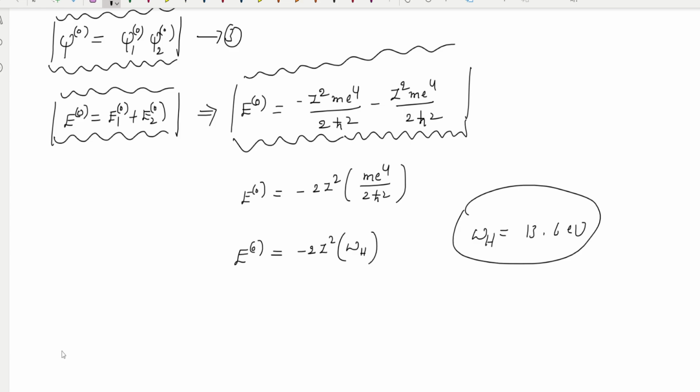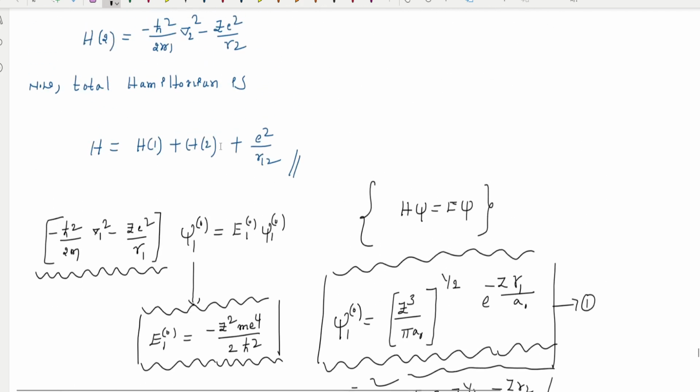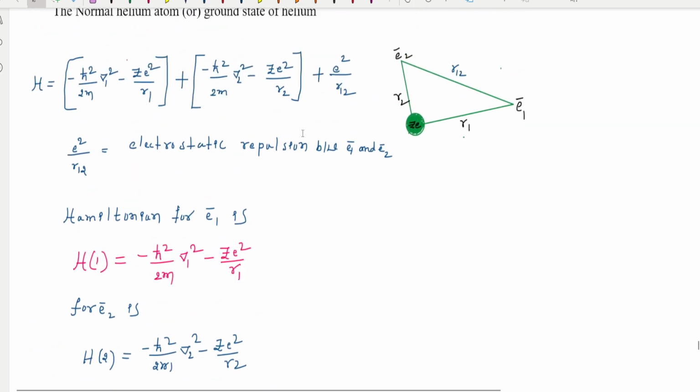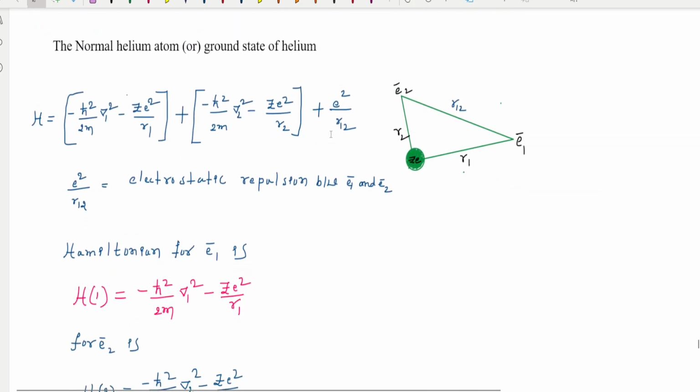Hence, H1 plus H2 can be regarded as the unperturbed Hamiltonian. So this is a simple one. If you want to find the correction term to the energy, this is the unperturbed term. So our aim, especially in perturbation theory, is the perturbation term. Right now, up to here we are only calculating that energy term.